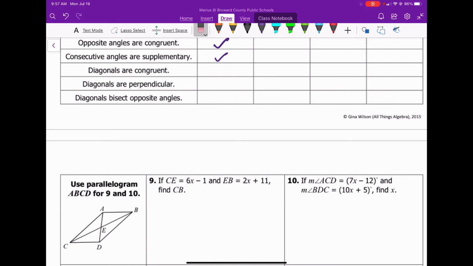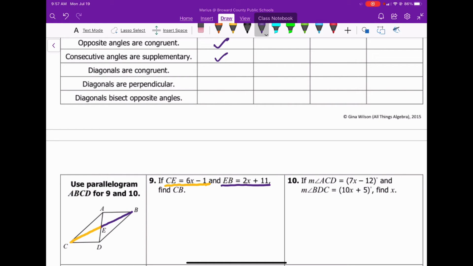So now that we've kind of broken down the diagram, let's go ahead and take a look at numbers 9 and 10. So number 9 says CE is 6x minus 1. Then we have EB is 12x plus 11.